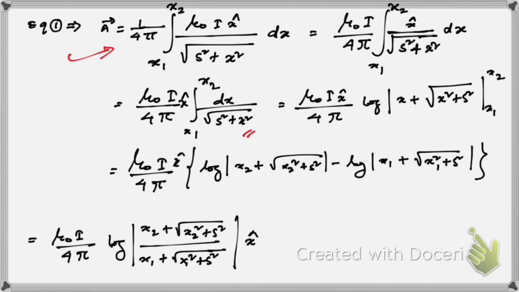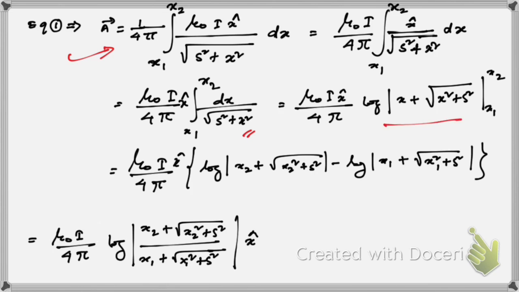So we know integration of dx by root over x square plus a square is equal to log of x plus root over x square plus a square. Instead of a we have s here, so same thing. So using this standard integral result, we have got this result.